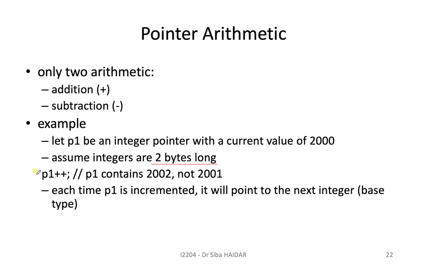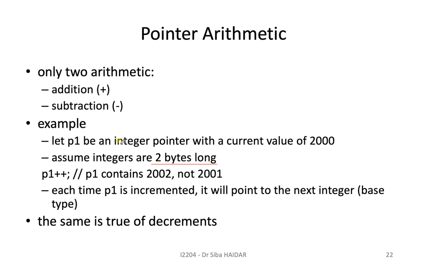So if P1 refers to the address 2000, the next integer after this address will be on the address 2002, because 2000 and 2001 are occupied by one integer. So each time P1 is incremented, it will point to the next integer. Here, the integer is the base type of P1. The same is true when we decrement.